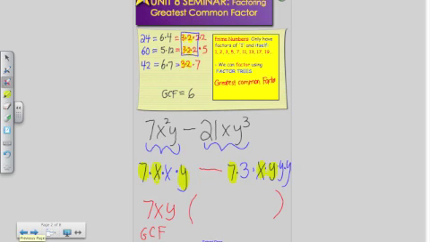And now that I know my greatest common factor, I'm going to cross it out of the first term, or maybe we can just erase it. Cross out the greatest common factor, delete the greatest common factor from both terms, and that's the same thing as dividing both terms by the greatest common factor.